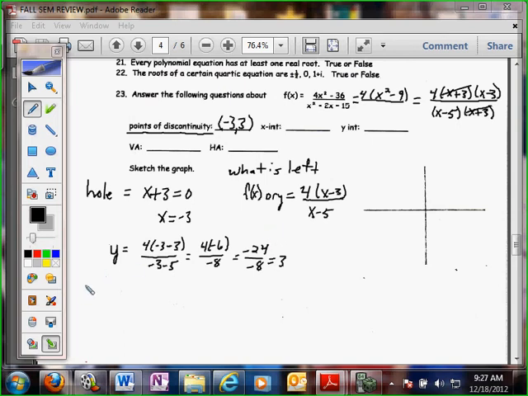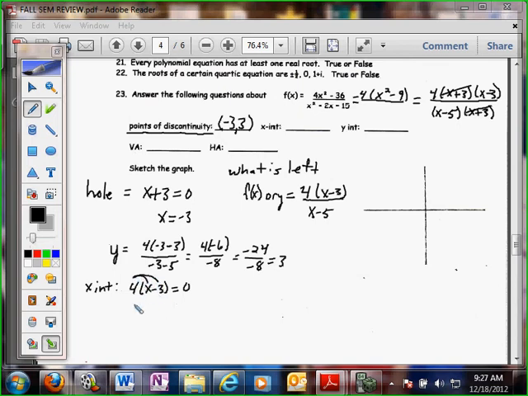Now to find the x-intercept. To find the x-intercept, we simply take the numerator, set it equal to 0, and solve for x. A couple ways I can do this. I could just set 4 equal to 0 and x minus 3 equal to 0, and 4 equals 0 is not a solution because it doesn't make sense. A lot of you might struggle with that. So let's solve for x the old-fashioned way.